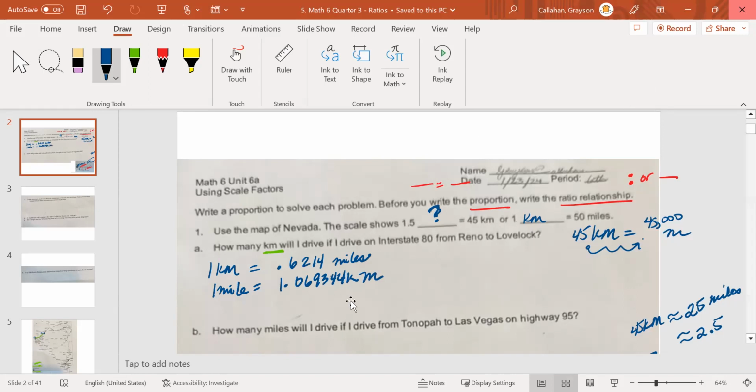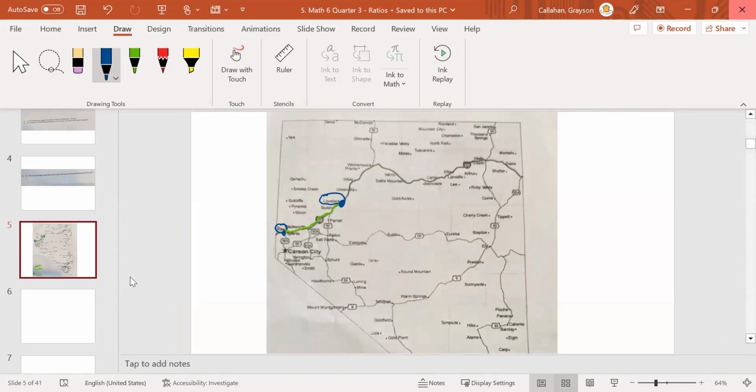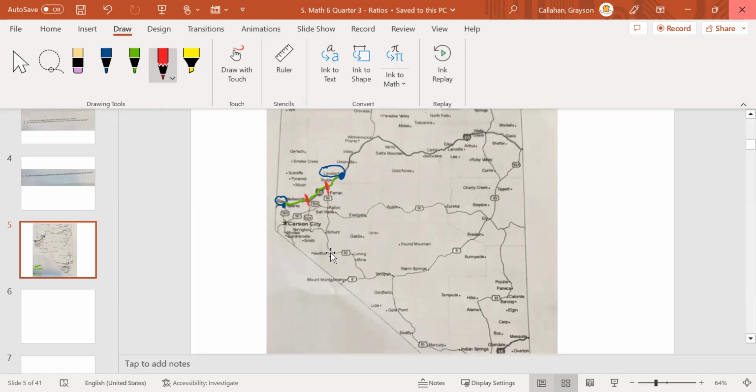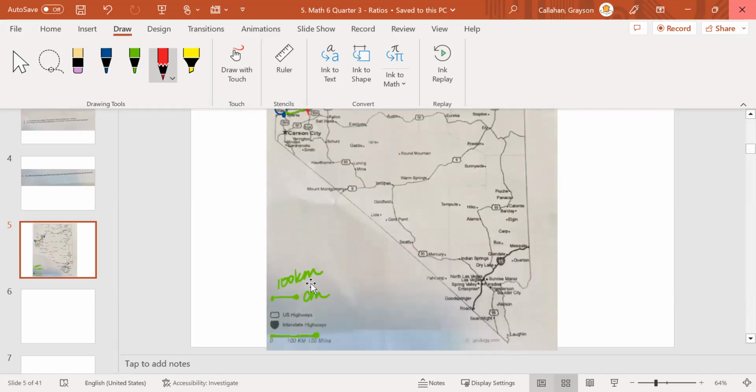So how many miles would I drive if I drive from Reno to Lovelock? So kilometers right now, I would say that that's like 1 right there, 2 right there. Do you see that? So 1, 2, 3, I would say 300 kilometers because one of these is equal to 100.